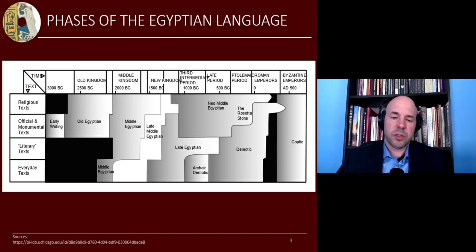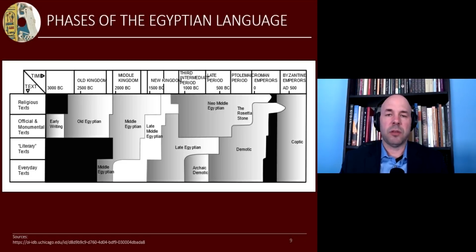What I mean is that, of course, in the spoken language, the language is developing all the time. Old Egyptian develops over time into what we're calling Middle Egyptian. But what I mean is that Old Egyptian inscriptions, so texts written in Old Egyptian, continue to be copied throughout Egyptian history. So when you're learning Egyptian, depending on what time period and what type of text you're looking at, you could encounter grammatical features from any of these phases.